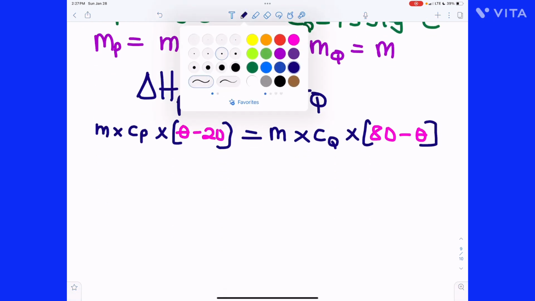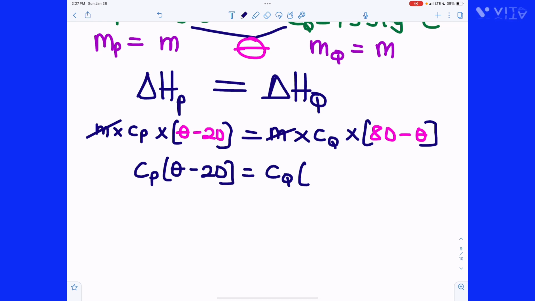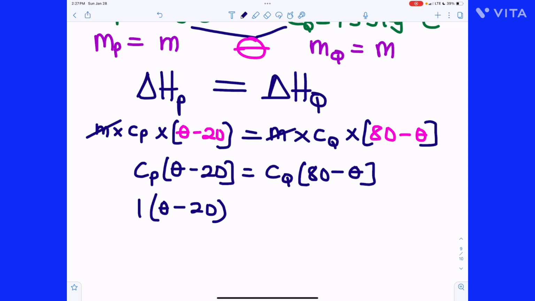So if we put the two together, what do we get? M will cross M on both sides. We get Cp times theta minus 20 is equal to Cq times 80 minus theta. That will give us Cp, 1 joule per kilogram per Kelvin, times theta minus 20. It's not compulsory you write these terms. You can just write your one. Cq is 1.5.